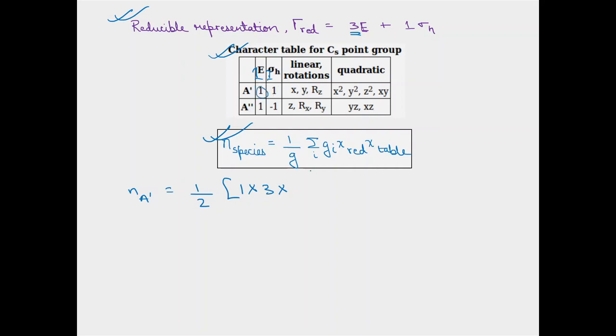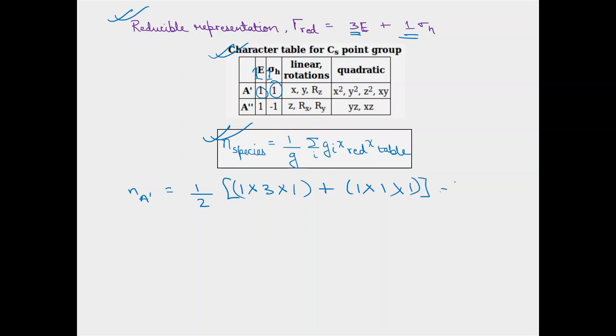Plus, with 1 by g taken common, for this operation it is again 1 into 1, since chi reducible is 1 and this character is again 1.